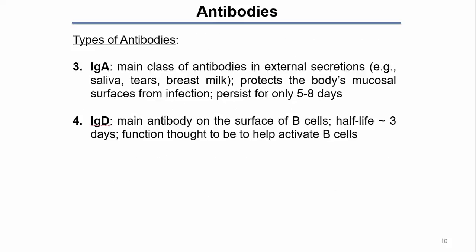Now, the other three types, they're in much smaller quantities. So IgA is very much like IgG in its structure, but it ends up being secreted out of the body. So these are the antibodies that are found in your saliva, in your tears, in breast milk, and they act to enhance the barriers of the innate immunity. So what they're really good at is neutralizing pathogens before they even enter your body.